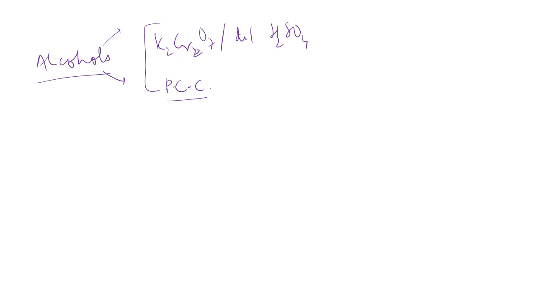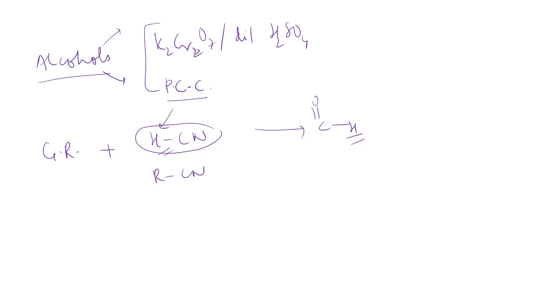And then the second method we have seen is the Grignard reagent method, where we need a Grignard reagent and we need hydrogen cyanide to prepare aldehydes and other cyanides to prepare ketones. When hydrogen cyanide is used, at the end of the reaction H will remain. This H will remain on the C double bond O H, and because of this H we are getting aldehydes.